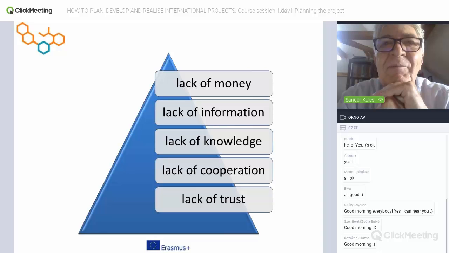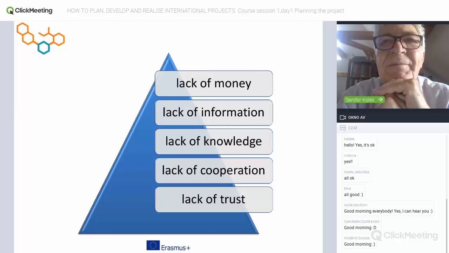It's very important to deal with the know-how and the knowledge of how to organize ourselves, how to organize cooperation, and how to develop partnership with others. So this is a very important part of this pyramid, and promoting knowledge is quite important.